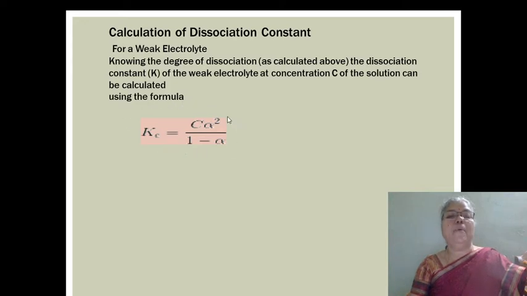This is a very simple formula. Here Kc or Ka or Kb: Ka is the dissociation constant of acids and Kb is the dissociation constant of bases. By using this formula, C α² divided by (1 − α), where alpha is the degree of dissociation and C is the concentration, we can find the dissociation constant.